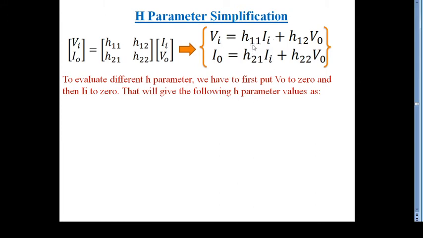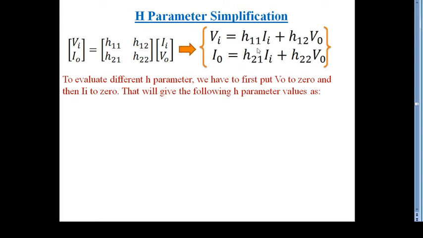The different H parameters are H11, H12, H21 and H22. To calculate H11, we take the output voltage Vo equal to 0. Then H11 becomes Vi by Ii.